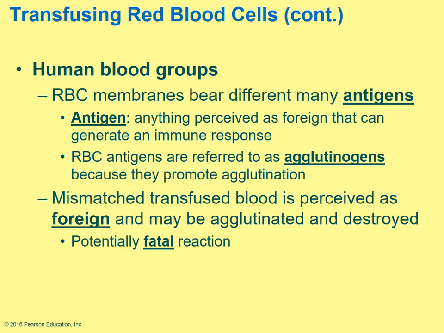So when we look at the human blood types, the red blood cell membranes have a lot of different markers on them that we refer to as antigens. We're going to use this for the blood typing. When you get a blood transfusion, you're usually getting red blood cells that have these antigens, these markers, on them.